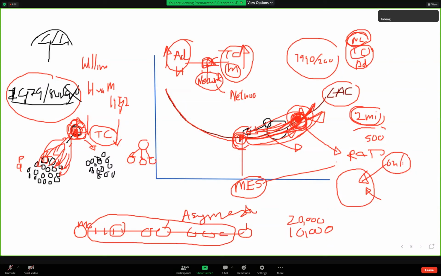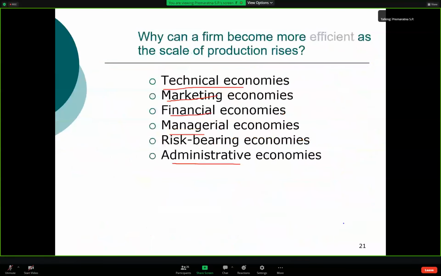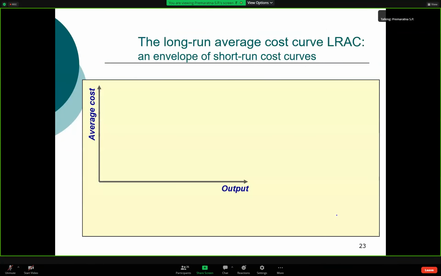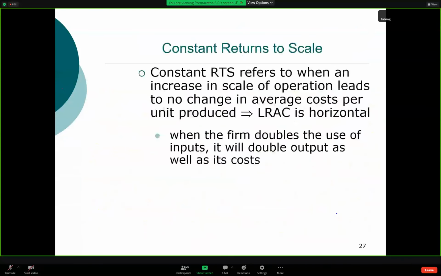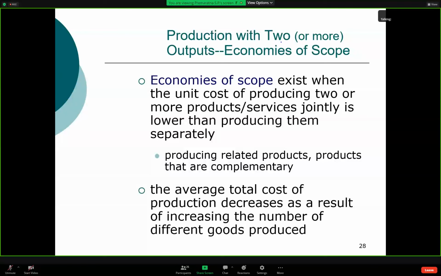Now let me show here. The economies of scale come, then the diseconomies of scale come. After that, when the firm reaches that point, one strategy they may use is producing more than one product, applying economies of scope.